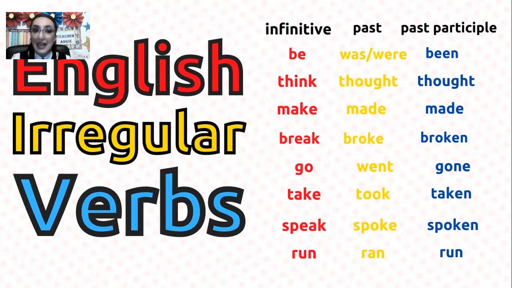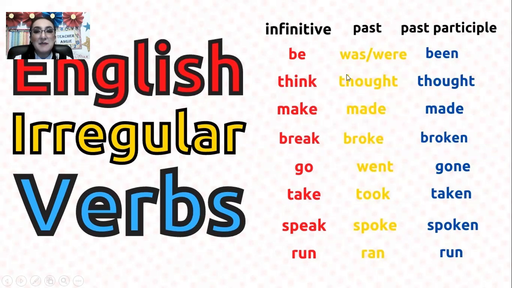For example, I have here some examples of irregular verbs. For example, the verb be, no? In past: was, were. In past participle: been. Think, thought, thought. Make, made, made. They are similar.